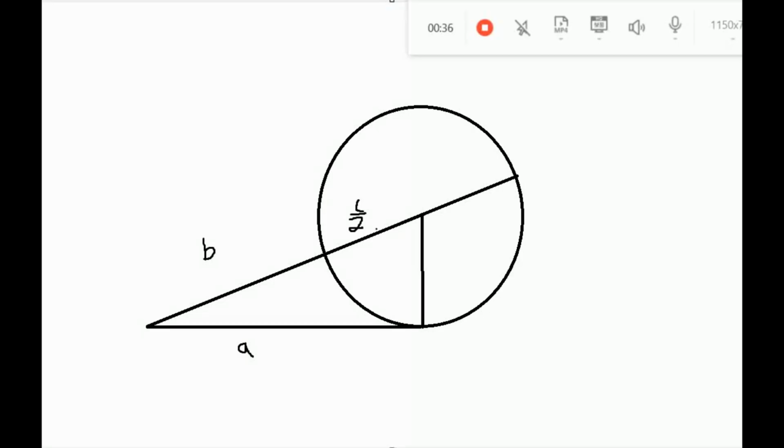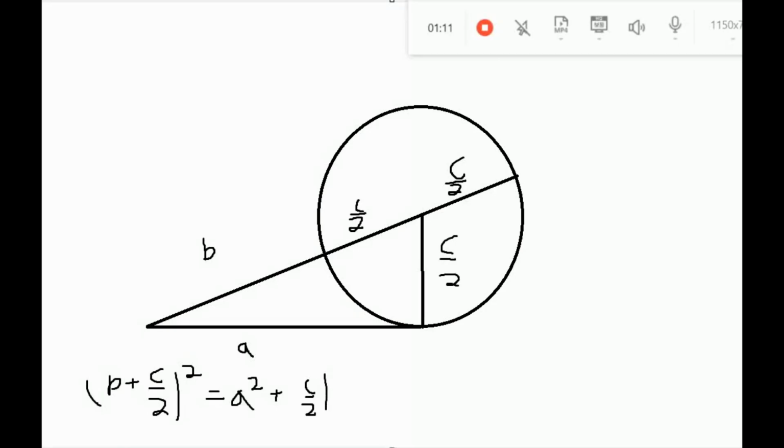And this part is also C over 2, since it's equal to the radius. So what we essentially have is that B plus C over 2, squared, by the Pythagorean theorem, equals A squared plus C over 2 squared. No problem.